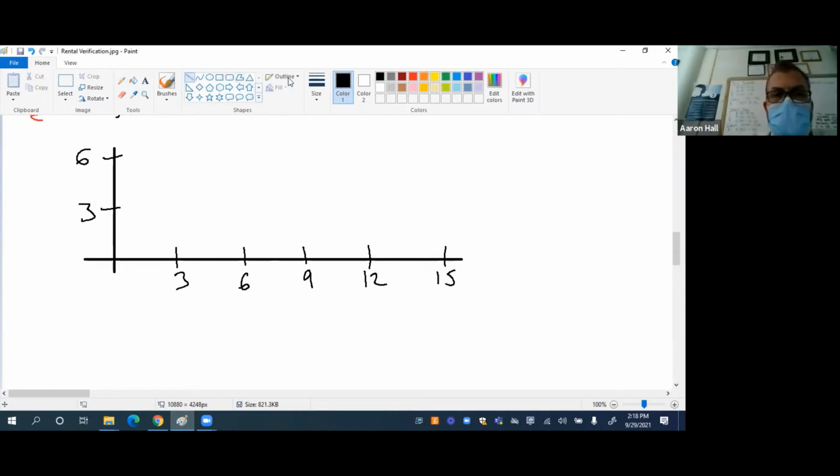And then I have a line that looks something like that. And then something like this.